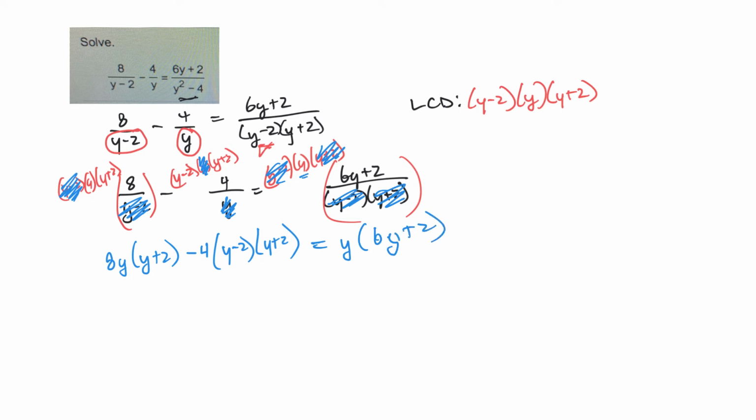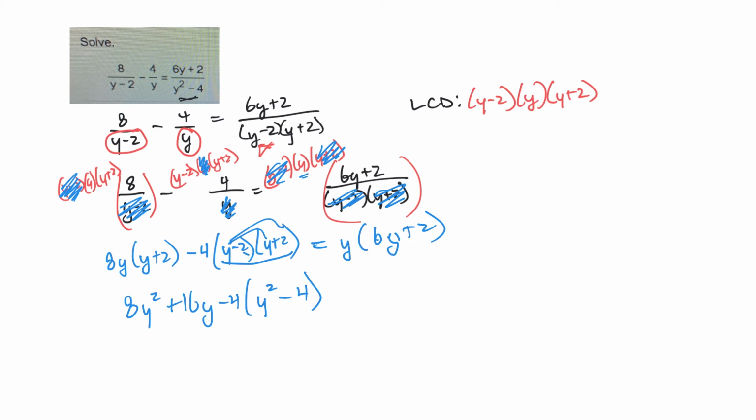Okay, now let's get rid of the brackets, so let's multiply that through. 8y squared plus 16y. Now here I'm going to FOIL this first, then multiply by the 4. So that'll be y squared plus 2y minus 2y, that'll cancel. So it'll be y squared minus 4, right?